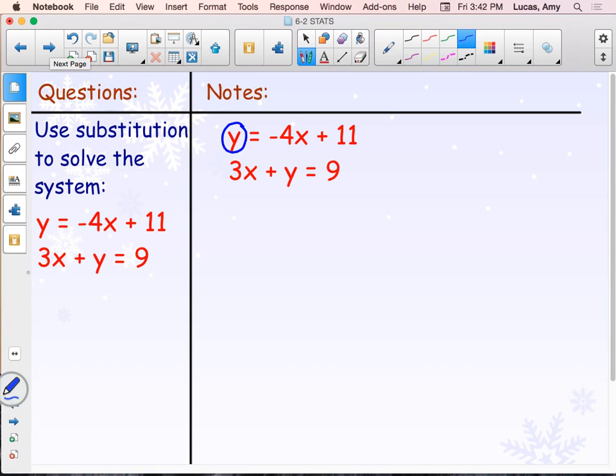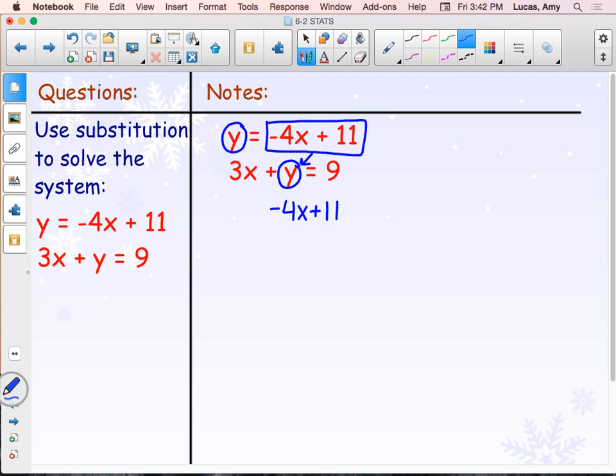My first equation says that y is equal to negative 4x plus 11. So I can replace the other letter y with negative 4x plus 11.